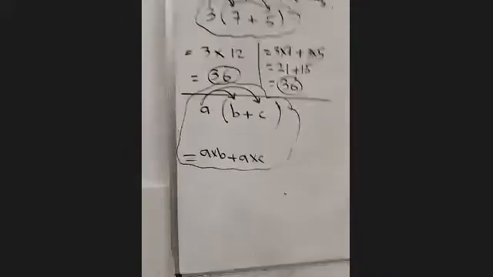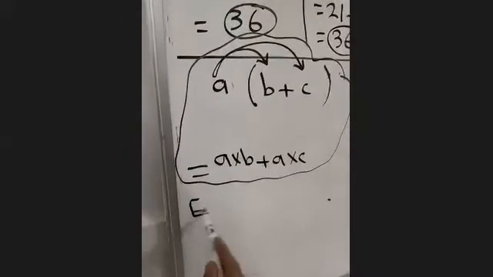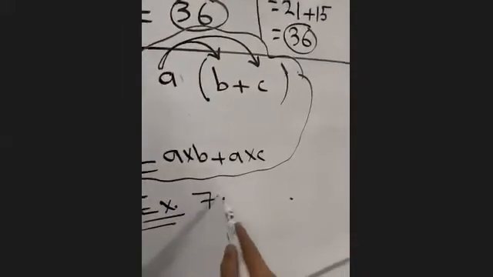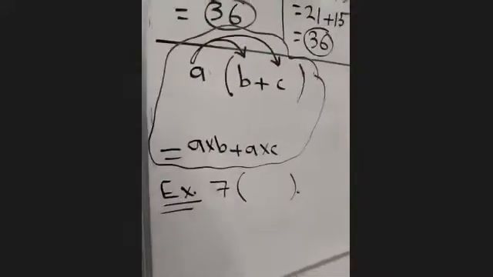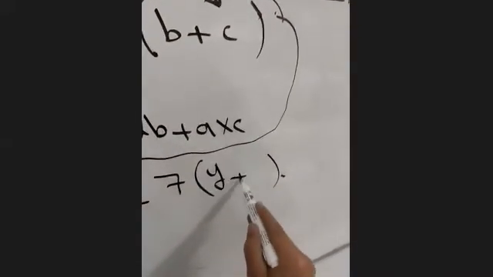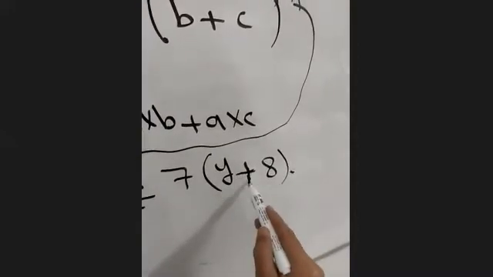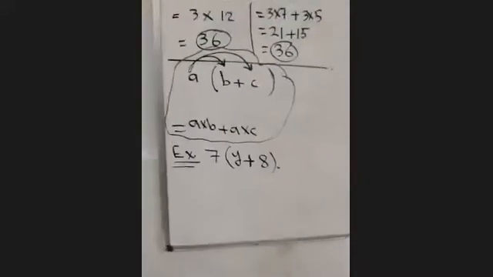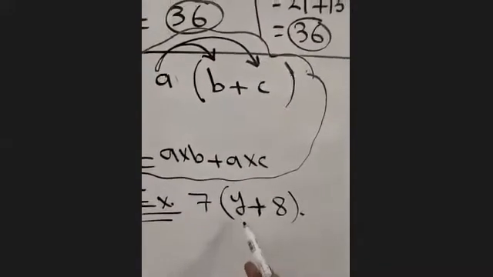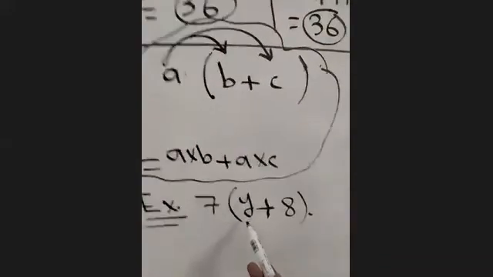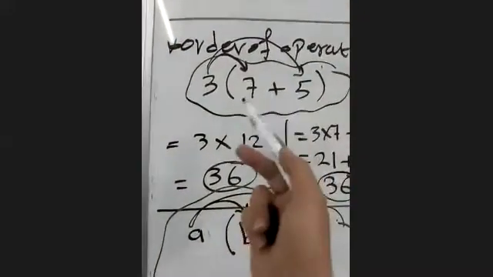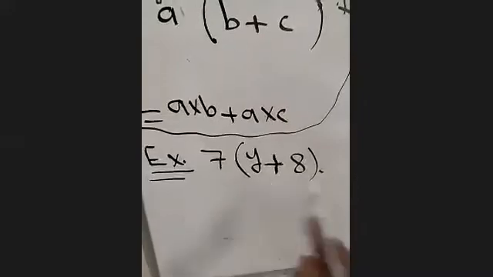For example, if I want to do 7 multiply parentheses, and inside the parentheses I have y plus 8. Now, I don't know the value of y. We said y is a variable, an unknown number. So I cannot say 7 plus 8, then multiply, because I don't know the value of y.